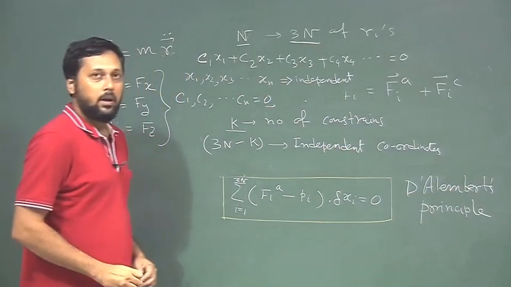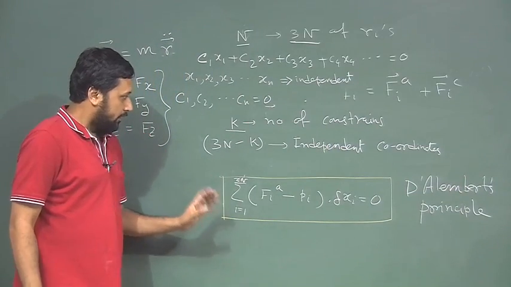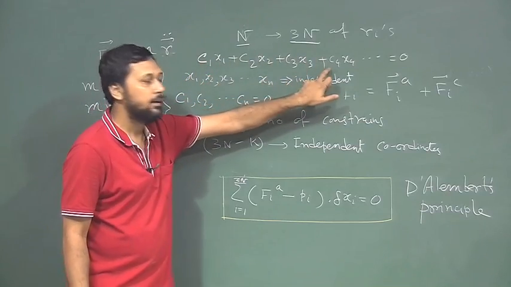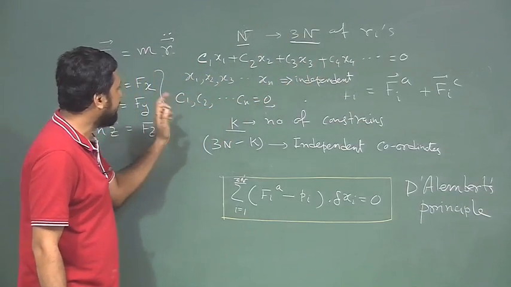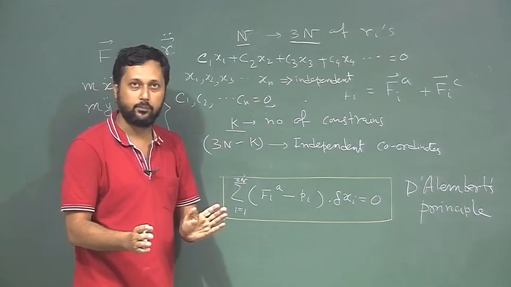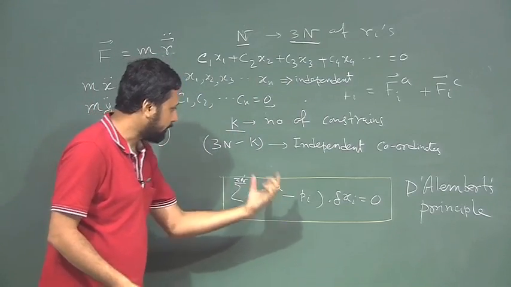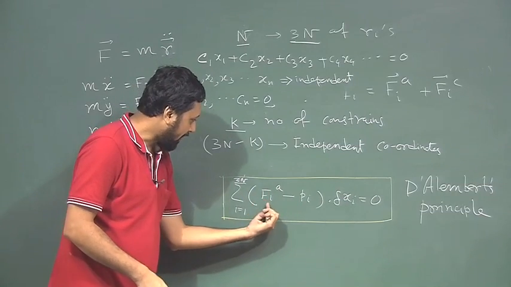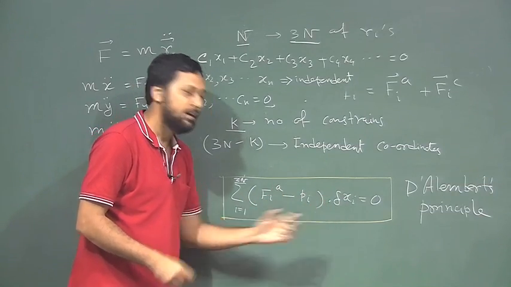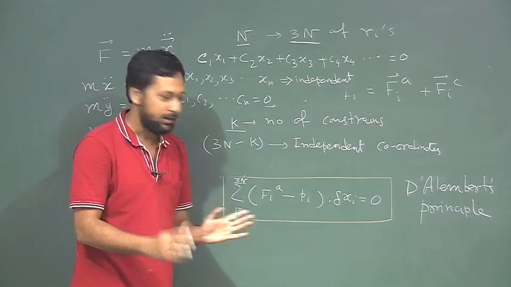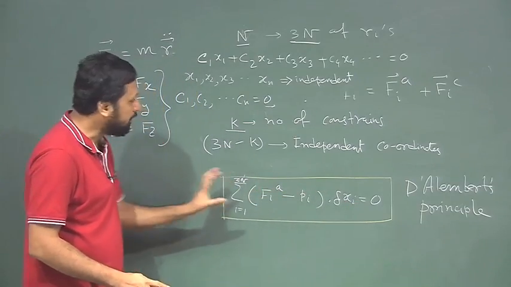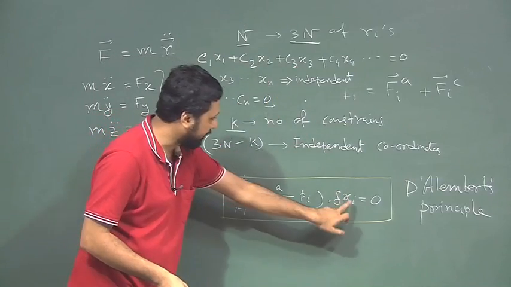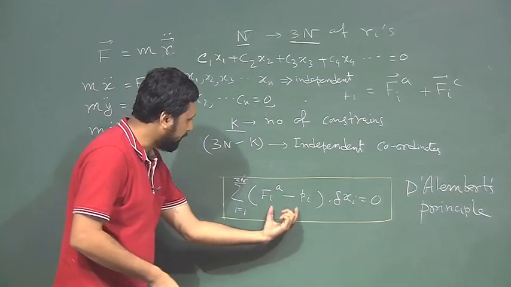So now we have an equation which looks something like this, but we cannot say that all the coefficients are individually 0. That means I cannot say that for each particle, F_i^a minus p_i dot is equal to 0. The whole thing is 0, but not the individual coefficients. Let us say these are your x1, x2, x3, up to xn, and these are your C1, C2, C3.